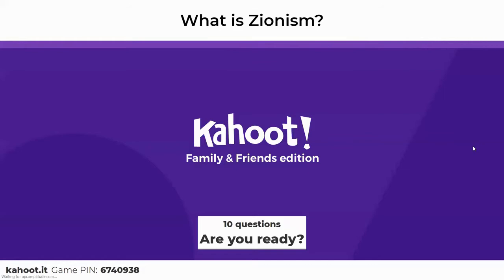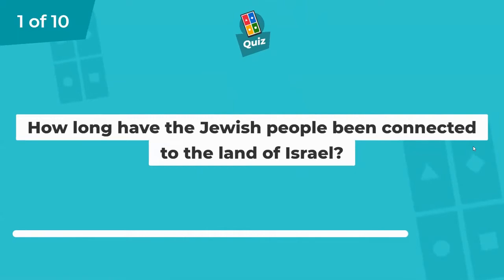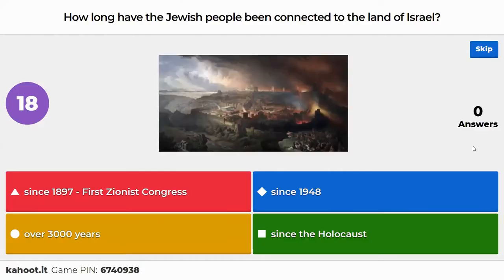Are you ready? Quiz. How long have the Jewish people been connected to the land of Israel? Here are the options at the bottom. Push the right color on your phone.